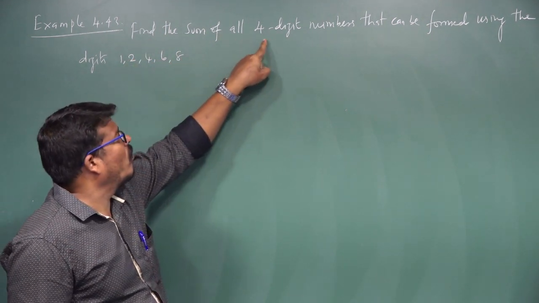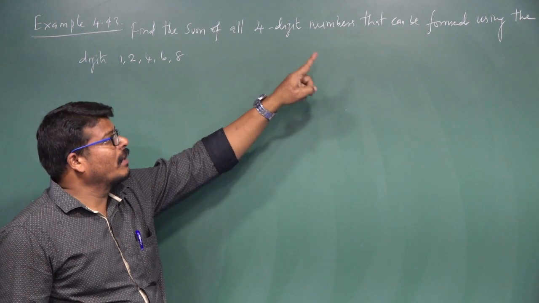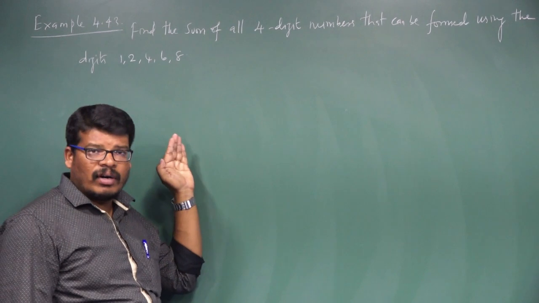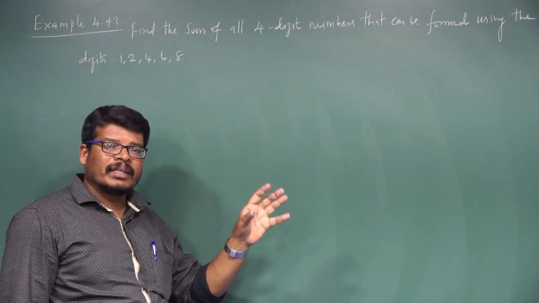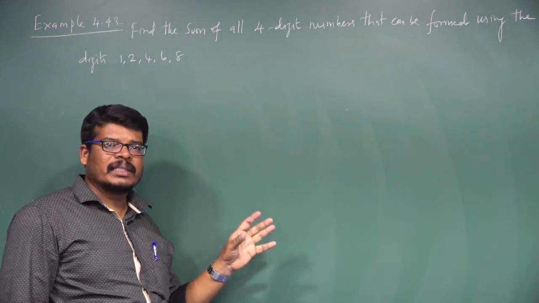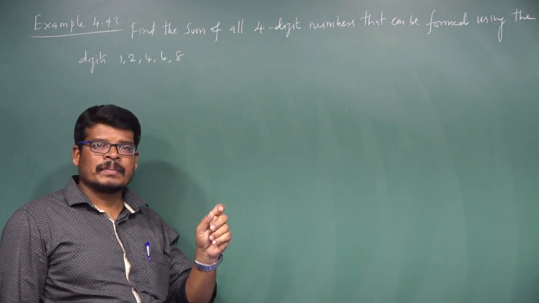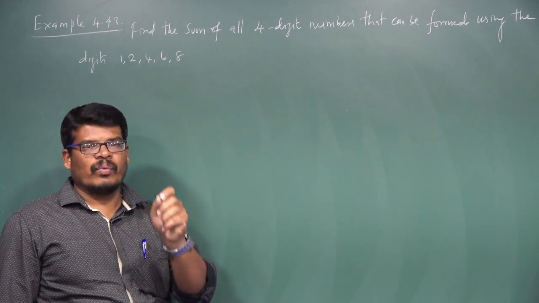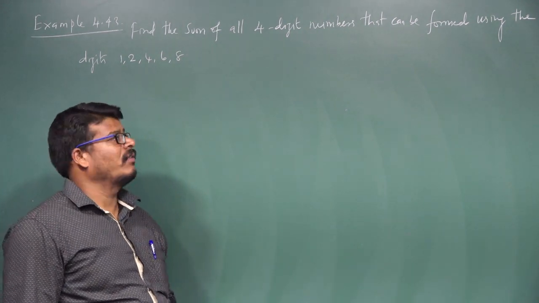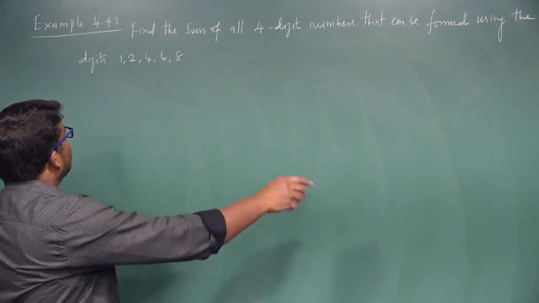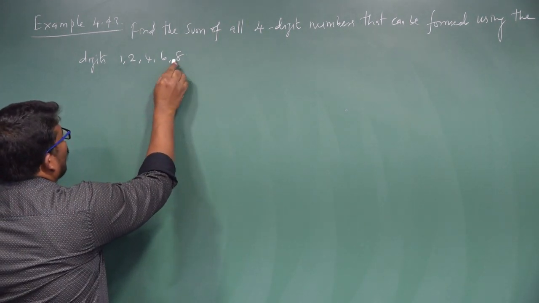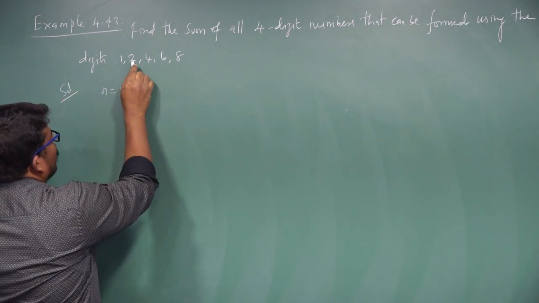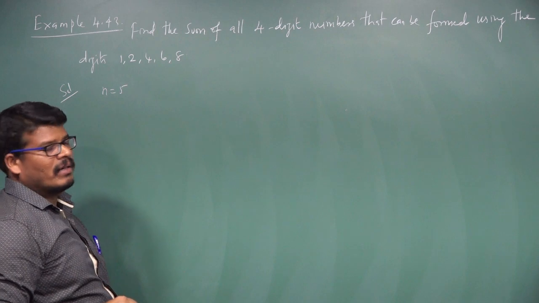You already know the formula: the sum of all numbers that can be formed using digits excluding 0 is (n−1)P(r−1) into the sum of the digits into 1, 1, 1, r times. Here n is 5, the number of digits.